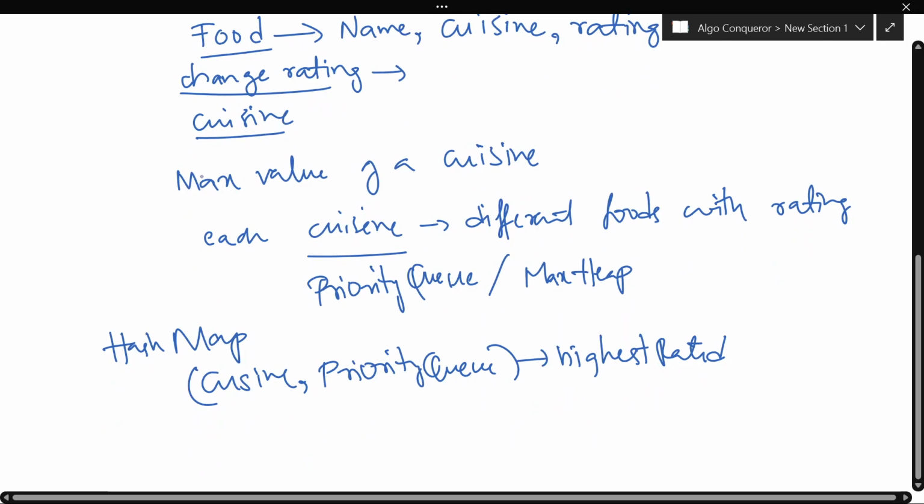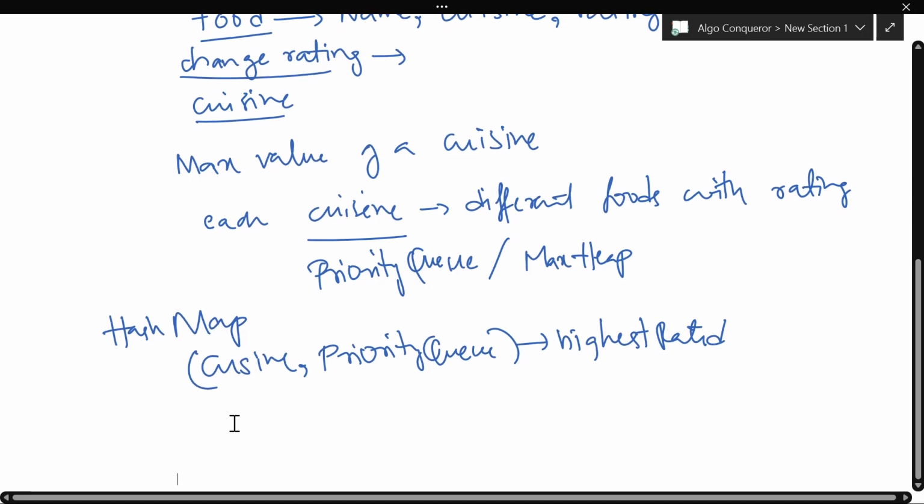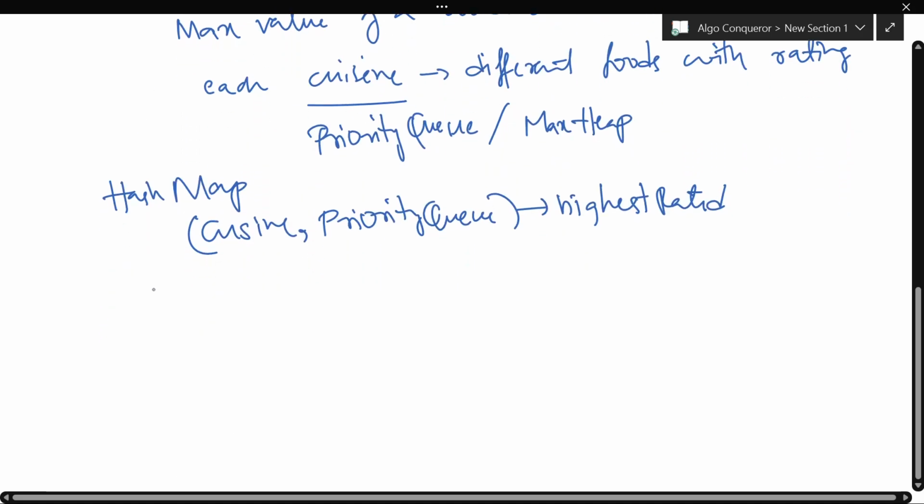Let's take, suppose there is a cuisine X which has foods of different ratings. Let's take 5, 4 and 3. Now if you call the highest rated method, which food will you get?